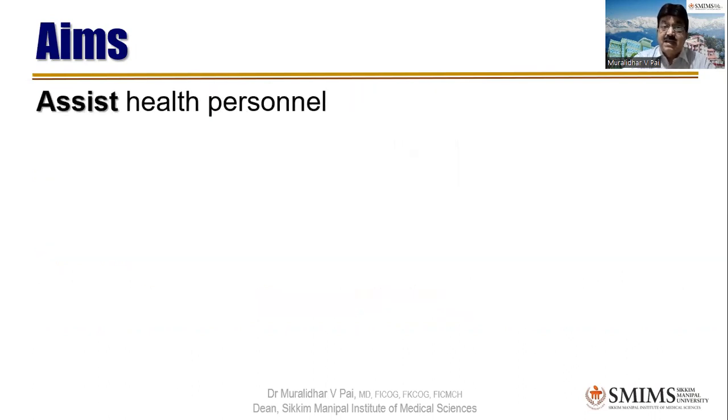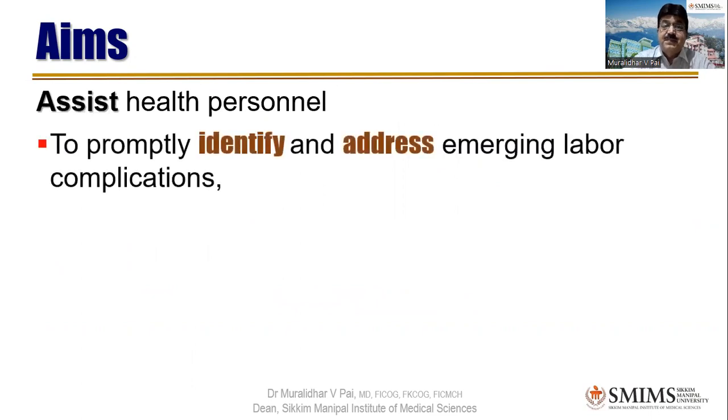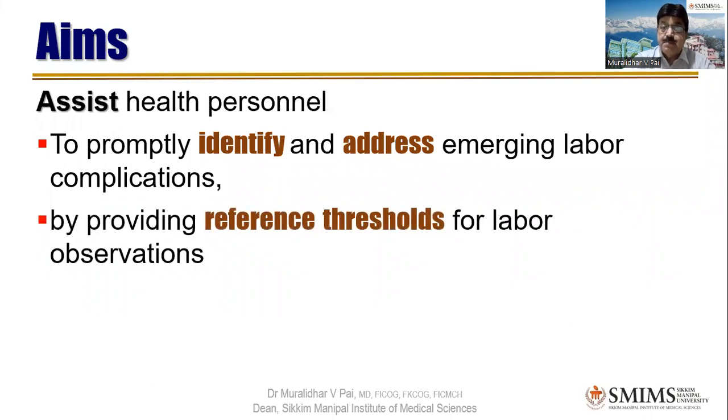Plus, it assists health personnel to promptly identify and address emerging labor complications. So it's not just that you support, but you have to identify and also address in time the emerging labor complications by providing reference thresholds. This is the most important thing of the labor care guide. That's why I'm underlining it.